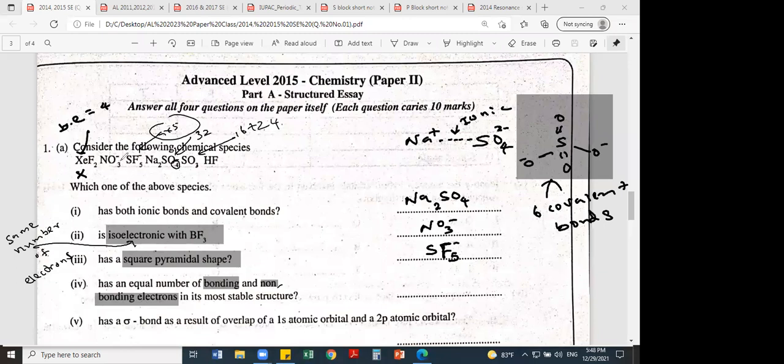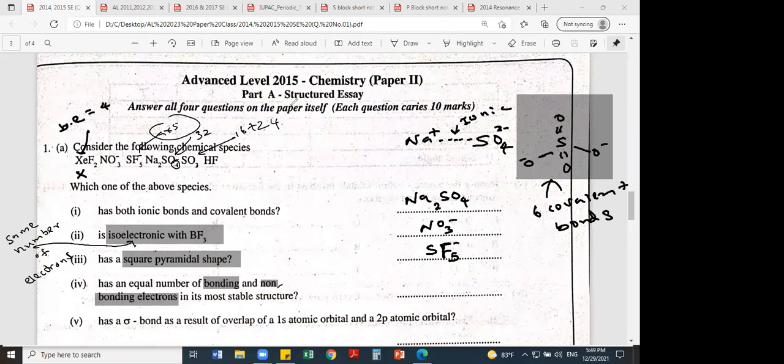One oxygen has 3 lone pairs, that means 6 electrons. And nitrogen also has. So NO3 minus and SO3, we can go on. Part 4, NO3 minus, we get SO3.